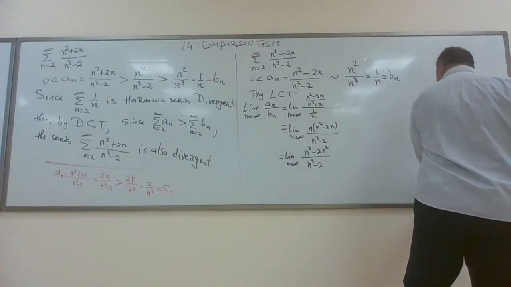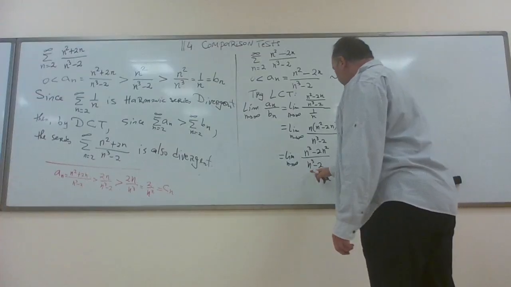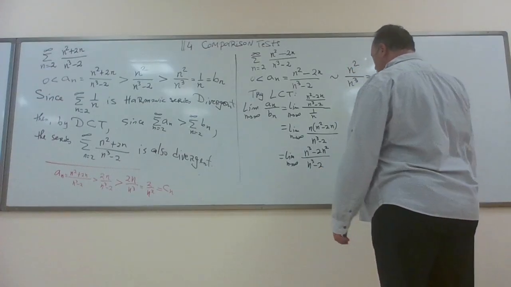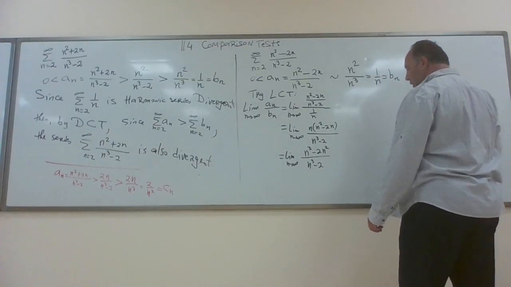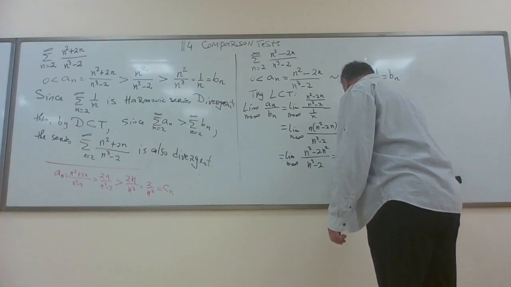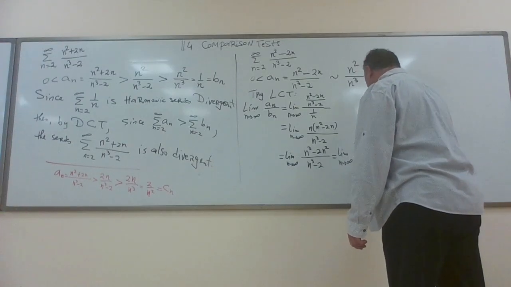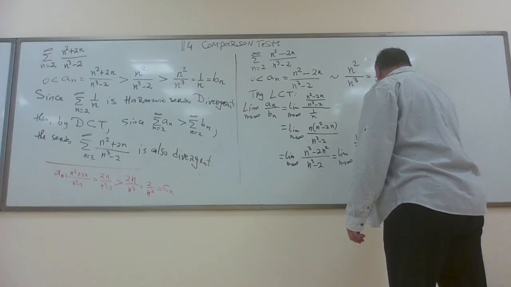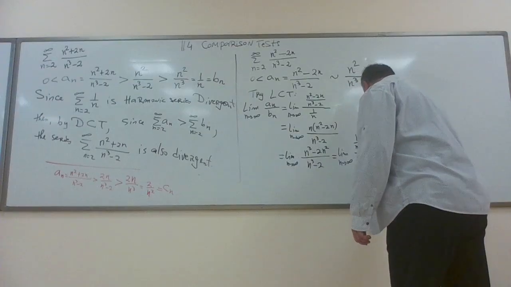The next step, divide upstairs and downstairs by the highest power of the denominator. So this means I would do the following. So limit as n goes to infinity, 1 over n cubed over. So I do it step by step just to illustrate the situation.